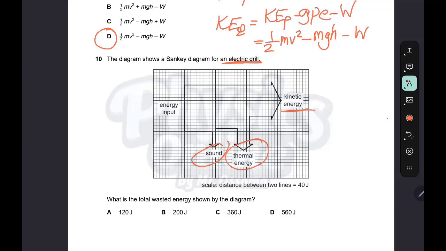For the thermal energy, how many lines do we have? 1, 2, 3, 4. Four lines for the thermal energy. For the sound, it's just one line. That means 5 lines total for the waste energy. Each line equals 40 joules, so the total is equal to 200 joules.